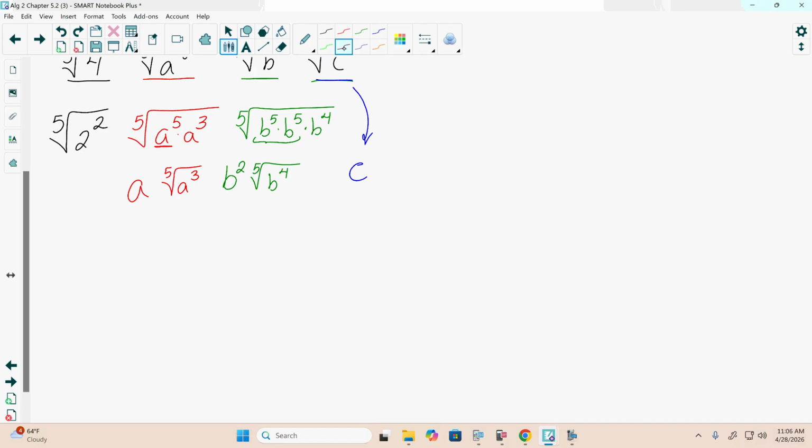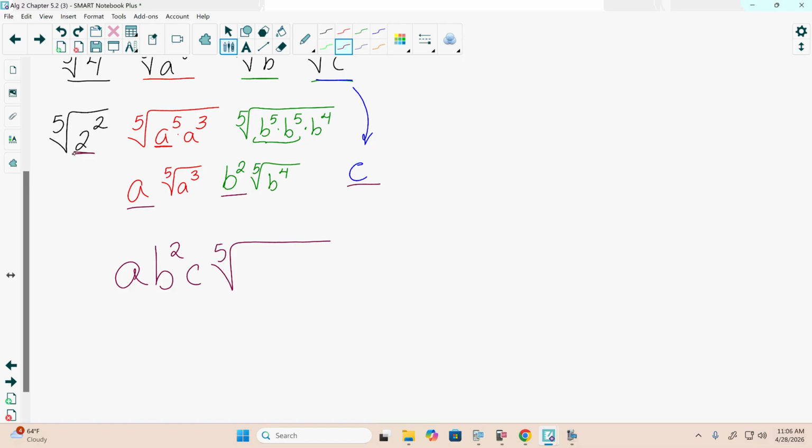Let's see what came out of the radical. With our number, nothing came out. But with a's, we have a single a that came out of the radical. B's, we had 2, so we had b squared. And c, we just had 1. So a b squared c is what came out of the radicals. But we still had a few things left inside.